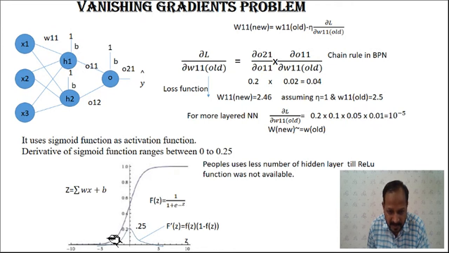This is our sigmoid function, which goes through 0.5 when z is equal to 0, and this is the function 1 by 1 plus e raised to minus z. If you take its derivative, it becomes f dash z is equal to f of z.